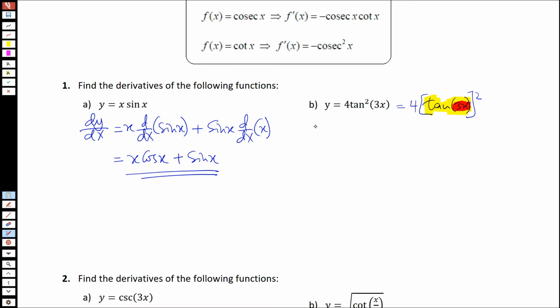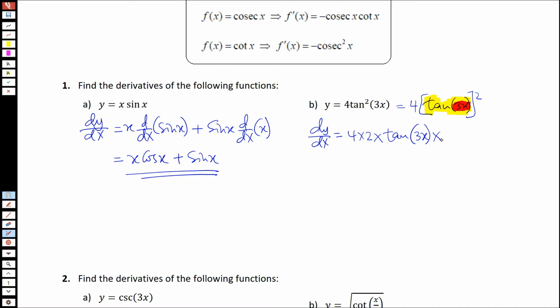So dy over dx will be equal to, we start with the outside, so that will basically be 4 multiplied by 2. And then, of course, if you bring 2 in front, that means you reduce the power by 1, so you'll be left with tan 3x to the power 1.